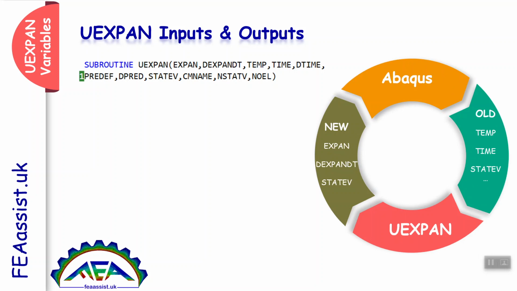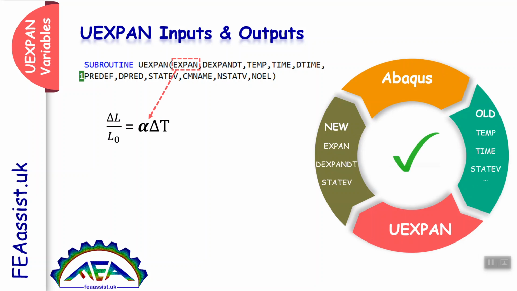Again, Abaqus uses these variables to recompute temperature, time, and state variables. This is how Uexpand and Abaqus interact with each other, which is necessary to understand well to write a good Uexpand subroutine. For example, one of these variables is expand.